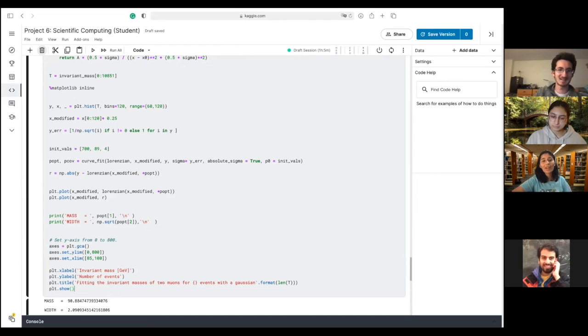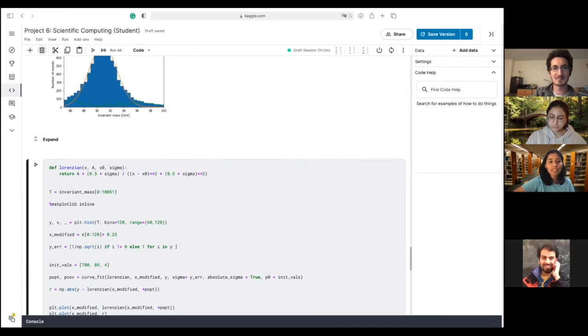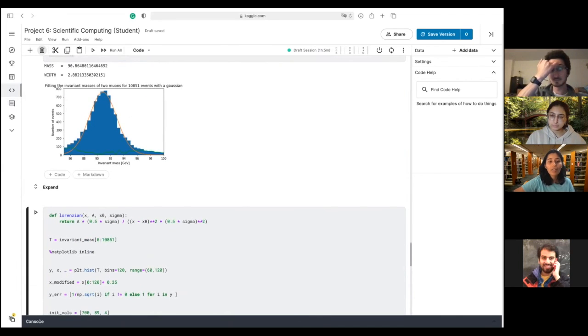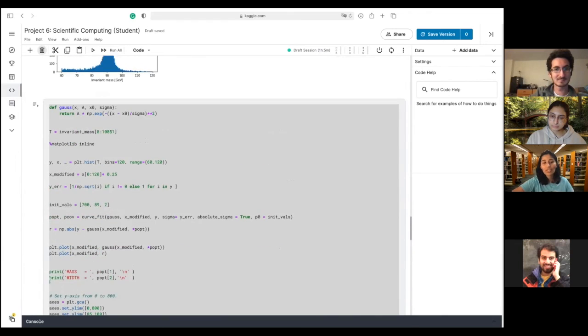Right. Yeah, so basically the rule of thumb is if we have a 5 sigma deviation from the background, we say that there is a detection.